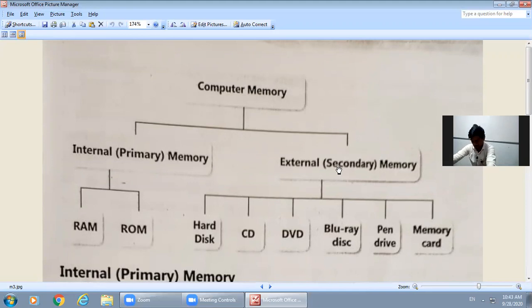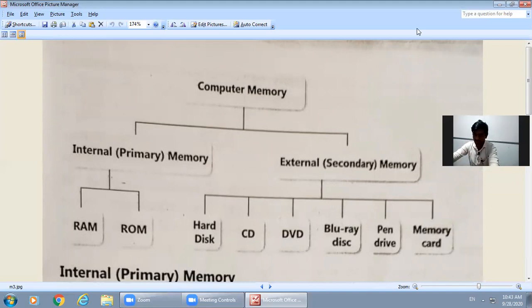Now I would like to tell about internal memory, that is the primary memory. Primary memory are of two types, that is RAM and ROM. And external memory, see, hard disks, CD, DVD, Blu-ray disc, pen drive, memory card. These are the external or secondary memory in our computer system.